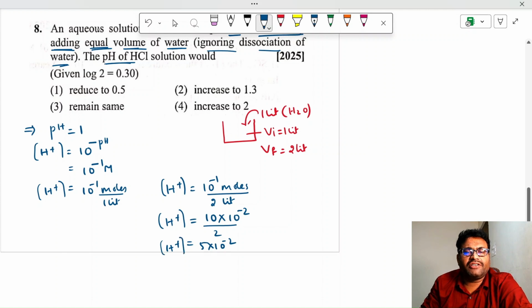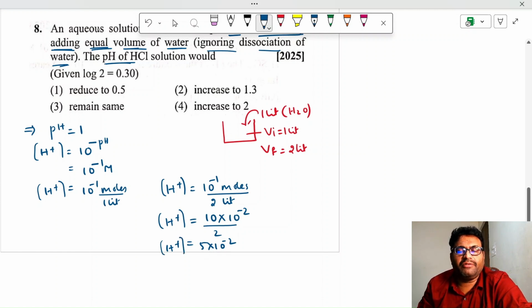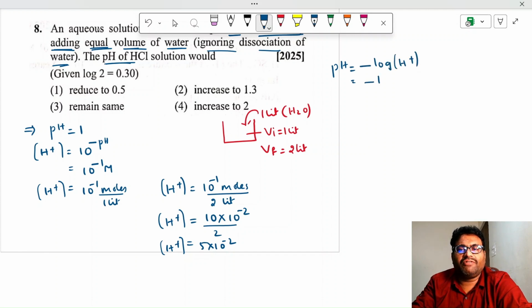So pH is asked. pH is equal to minus log H plus ion concentration, which is minus log of 5 into 10 power minus 2, that is minus log 5 plus log 10 power minus 2.